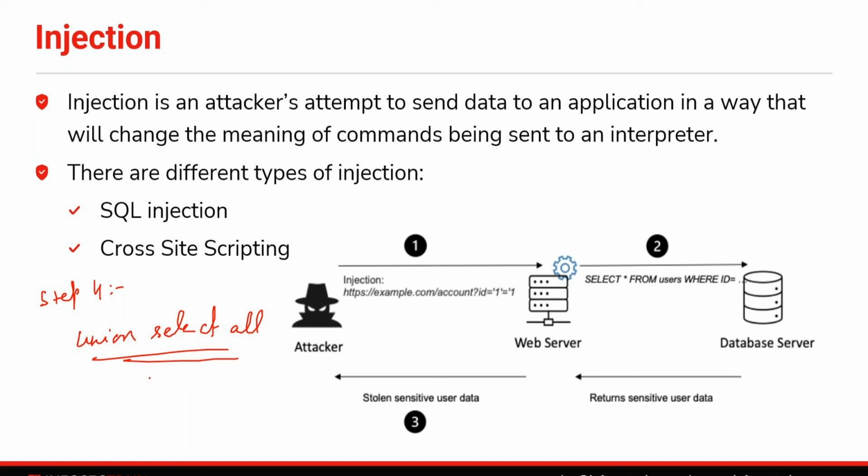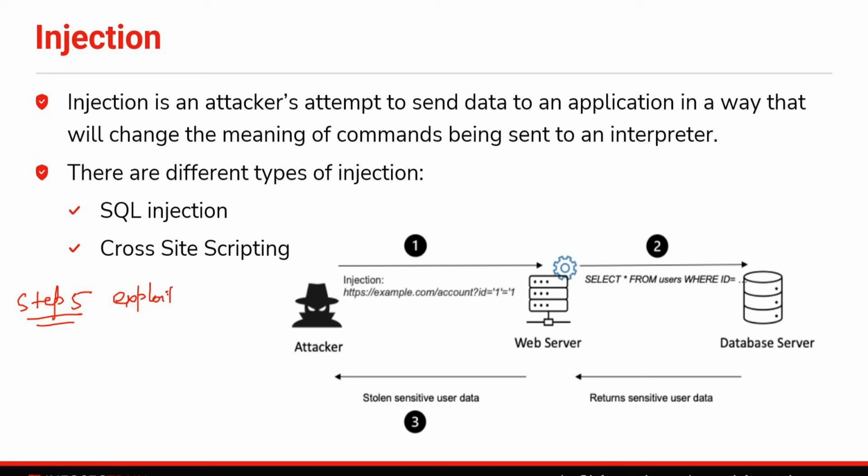Just know this much. Once you find the vulnerable columns, then you have step 5, where you will exploit these vulnerable columns. You will just exploit them.